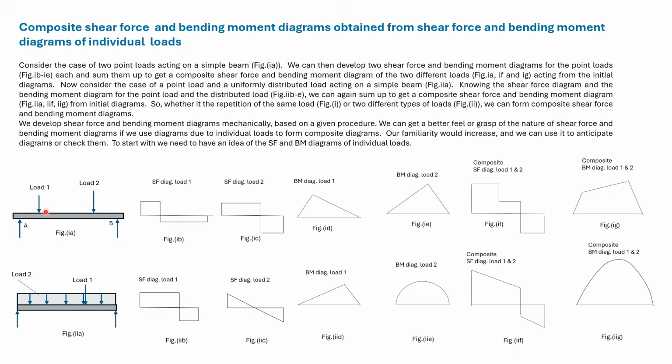Now, due to load 1, this is the shear force diagram, and this is the bending moment diagram. Due to load 2, this is the shear force diagram, and this is the bending moment diagram. We can add these two diagrams to get a composite diagram, which is for this loading case.